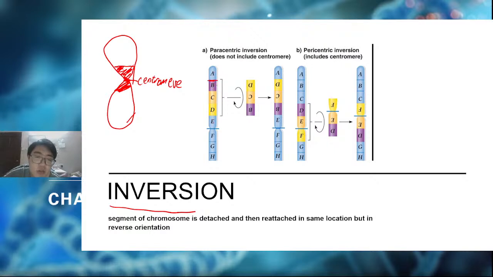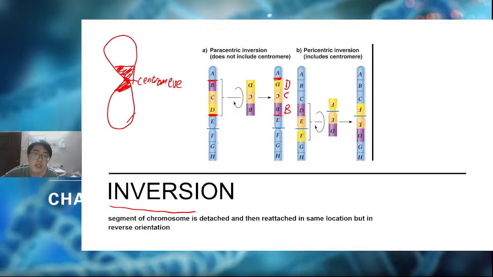B, C, D are now inverted, so it becomes A, D, C, B. At the same location, you need to see that it is at the same location. But the sequence of the genes is already changed. It changed to ADCB, not ABCD anymore.